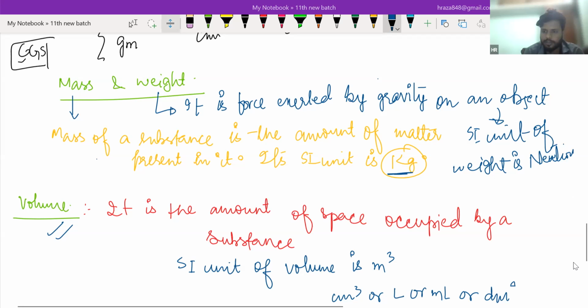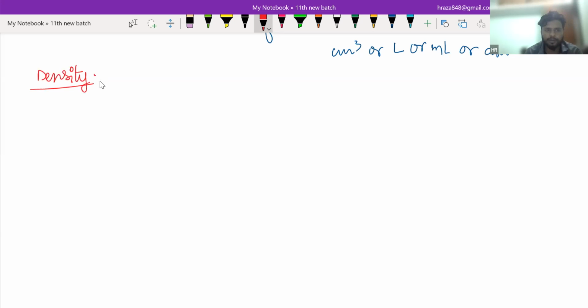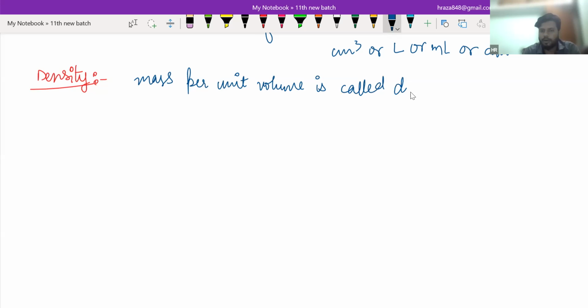Now we will talk about density. These very basic terms are very important for the next chapters. We already know what density is: mass per unit volume is called density. In a mathematical equation, density is equal to mass upon volume.